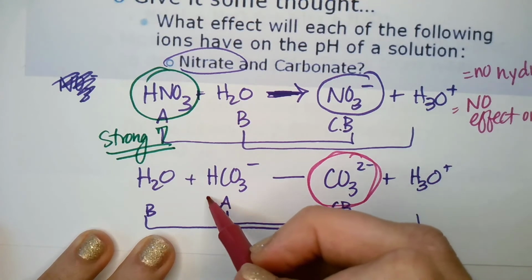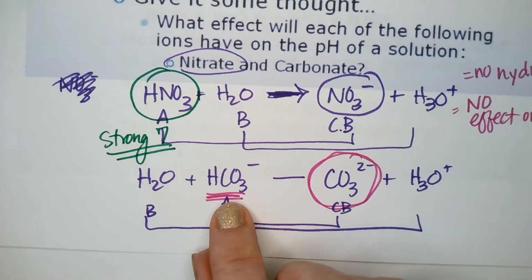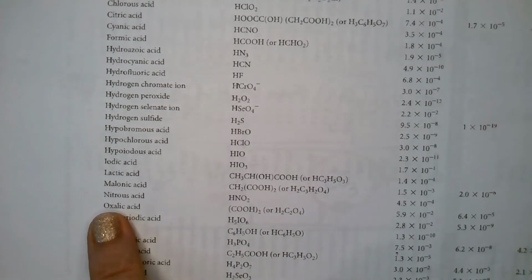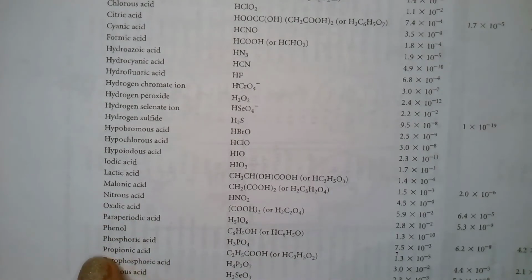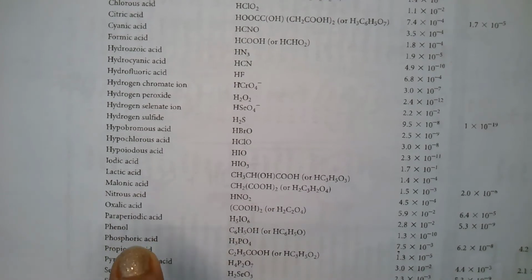All right, so we want to know about carbonate. So let's look at carbonate's parent acid, HCO3. And is that part of the big 7? Well, if you aren't sure, it should not be. Kind of like nitric acid. Do you see nitric acid on our appendix?